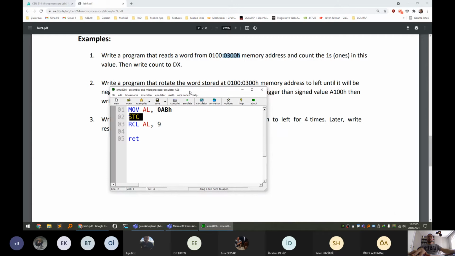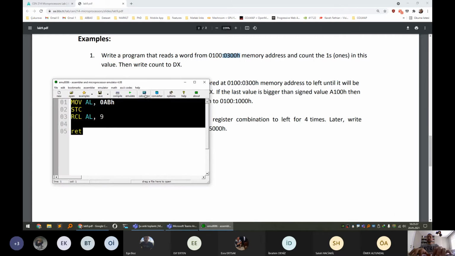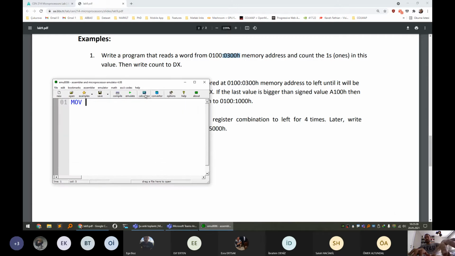That's why at first I'm going to put some value at that memory location. Let's put AB again. And I'm going to count with rotates, because this big topic is rotates.